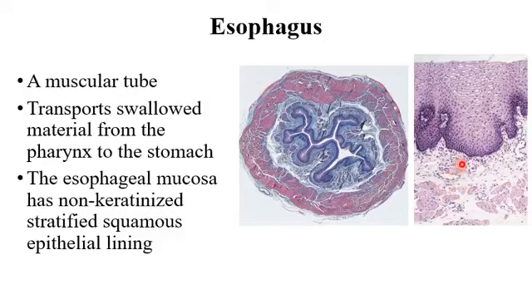Outside of the lamina propria, there is a muscularis mucosa. This layer is formed of an ill-defined layer of smooth muscle cells. Muscularis mucosa allows localized movement and folding of the mucosa of the esophagus.